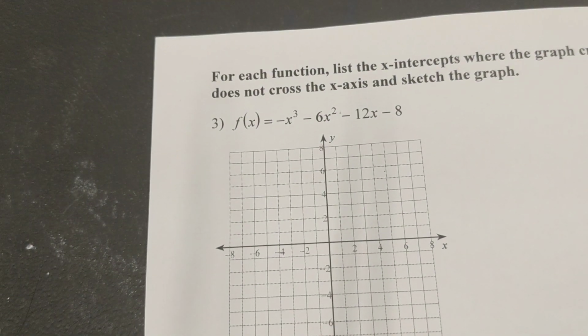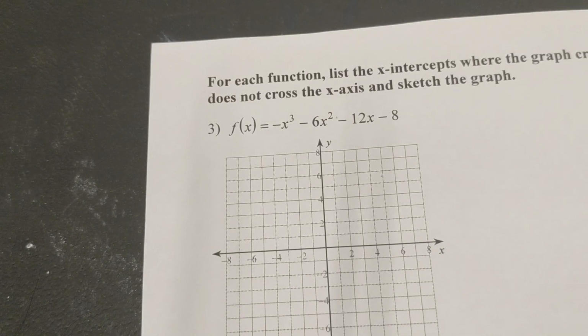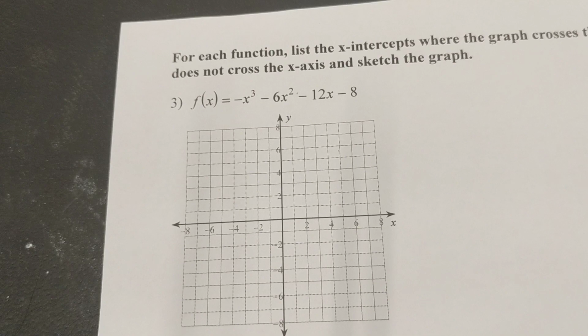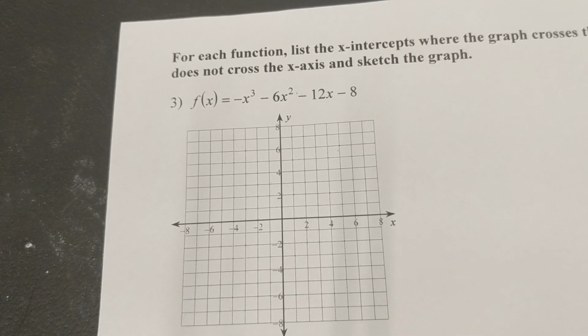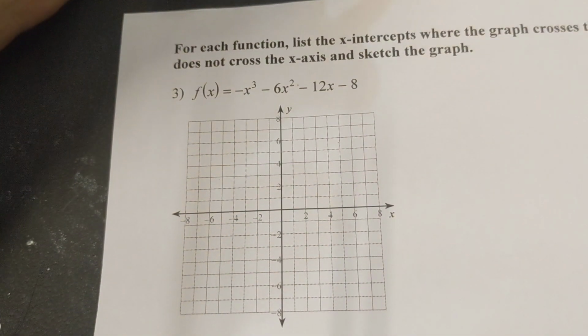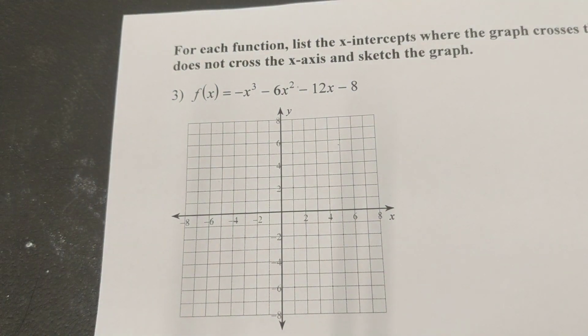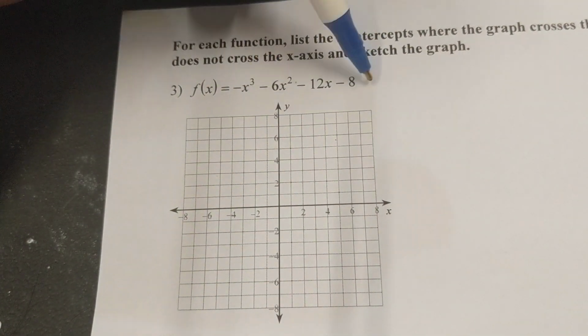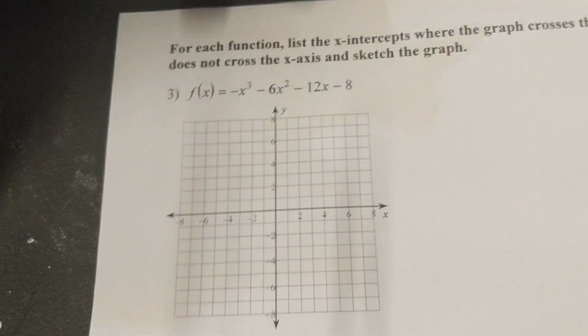Okay, what else? Number 3. We have to find the x-intercepts where the graph crosses the x-axis and those where it does not cross, and then sketch it. This is the same kind of thing, so I'm not going to do the whole thing with you, but I will at least get us started, because all the ones in that last one kind of made it a little bit messy.